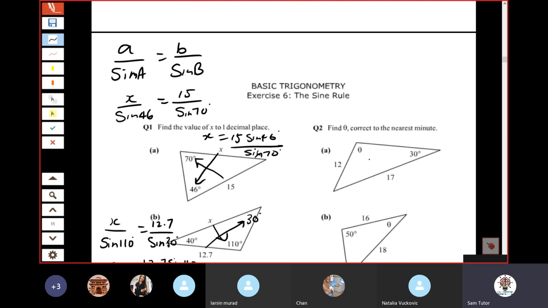Obviously, when it's a theta, it will look something like this. It will be 17 on sine theta is equal to 12 on sine 30.